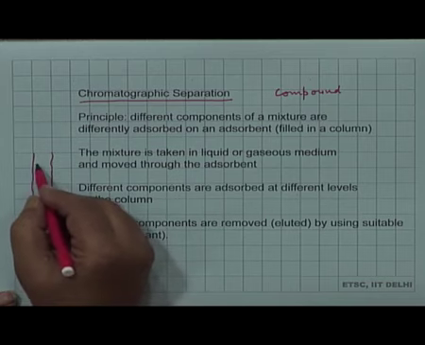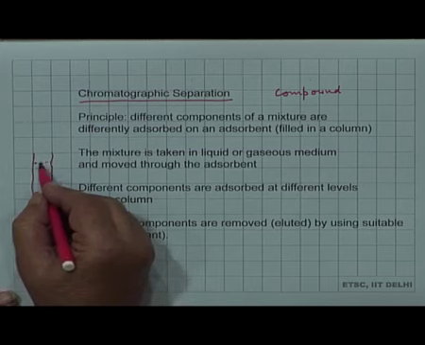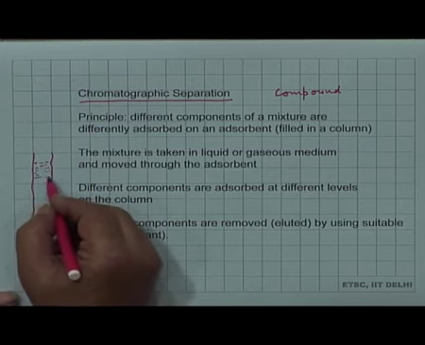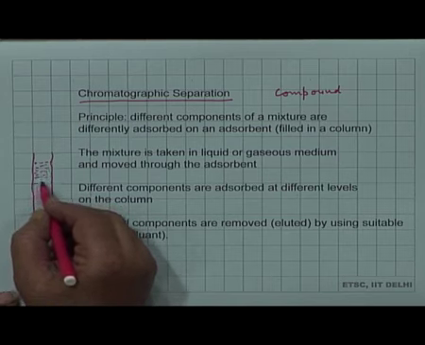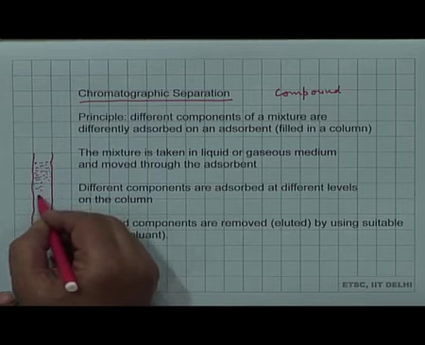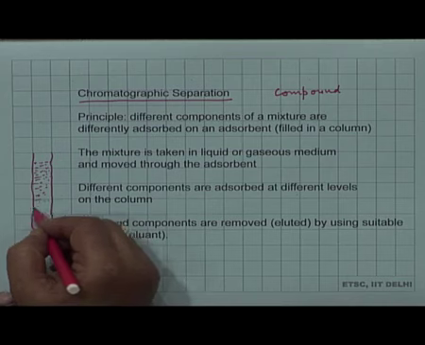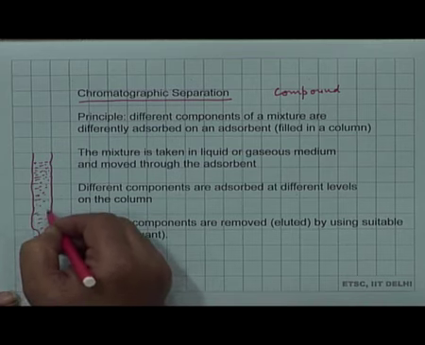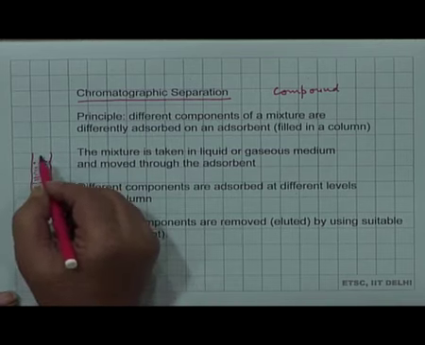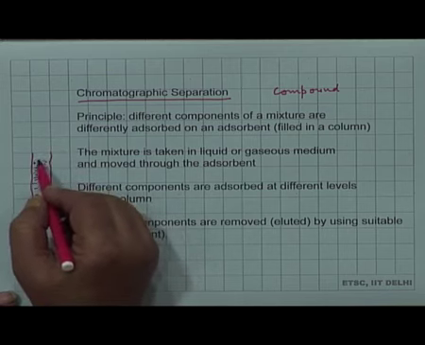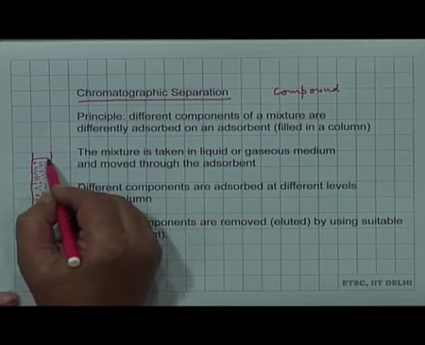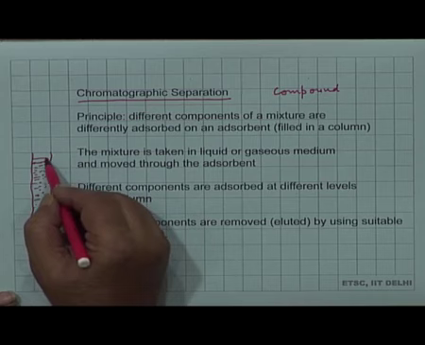This is a glass column. It is filled with the adsorbent. The entities which have to be separated are put on the top.